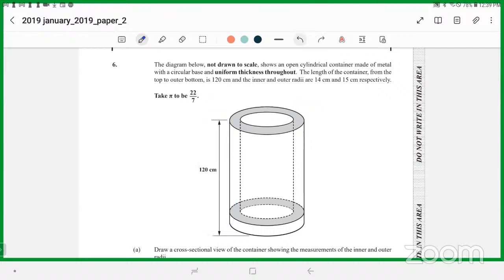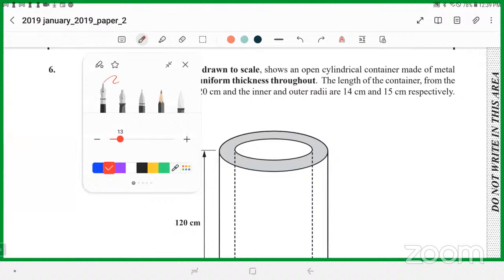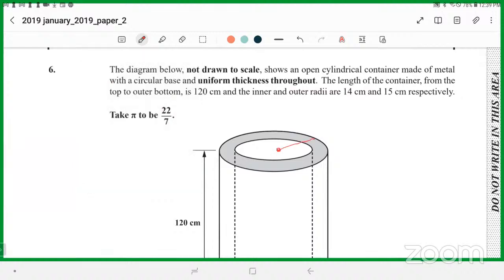And the inner and outer radii are 14 and 15 centimeters respectively. So from the center to the outer edge is 15 centimeters, but to the inner one is only 14 centimeters. So it means that the thickness is 1 centimeter.